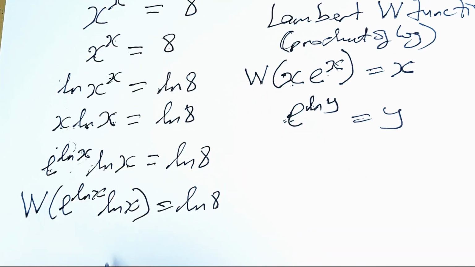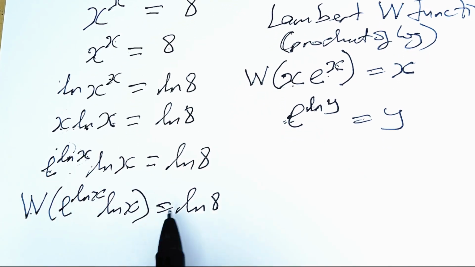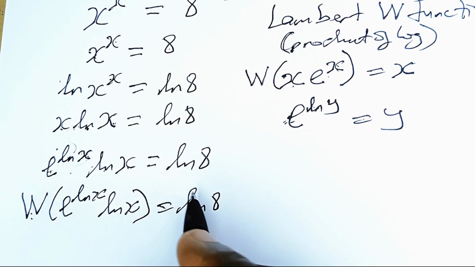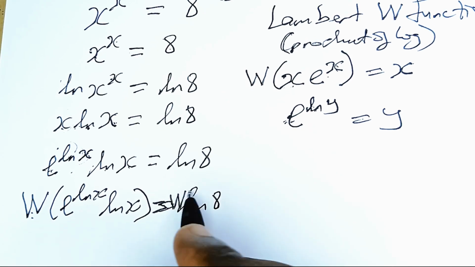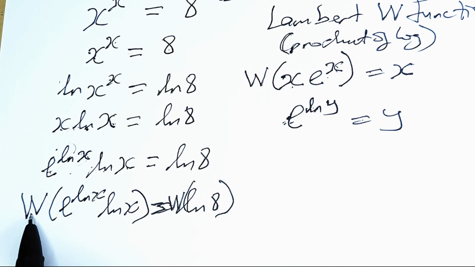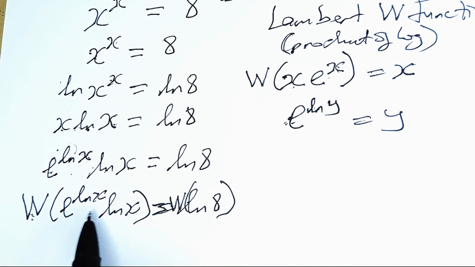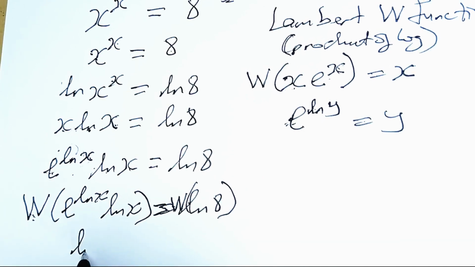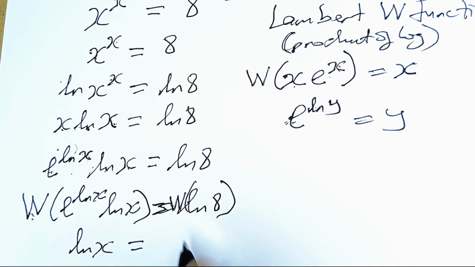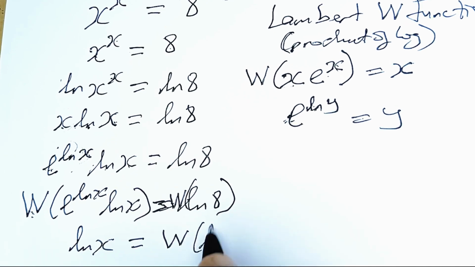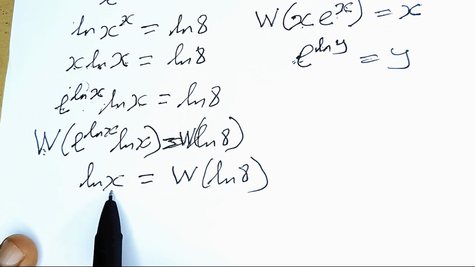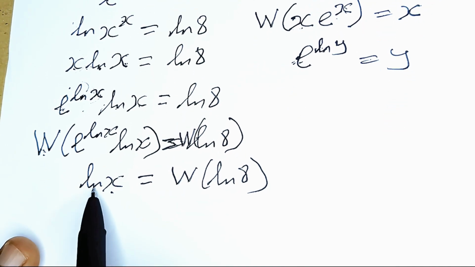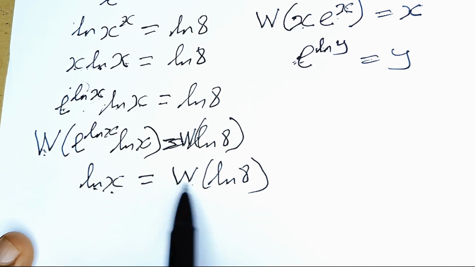So the W function of x times exponential ln x gives us ln x, which is equal to ln 8. Here the W function is applied, so we have to apply it to the other side also. So you also have the W function of ln 8. The W function here will make sure that this one becomes just ln x, which will be equal to the W function of ln 8. It is very easy for us to get our x now. We just introduce the reciprocal of ln, which is exponential, to both sides.